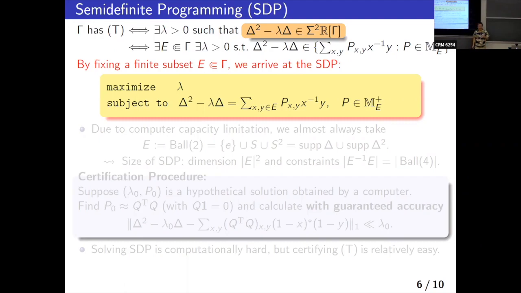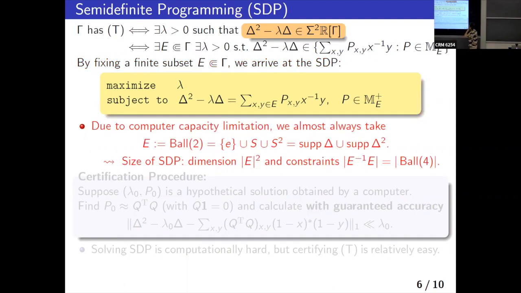Linear programming, you can solve extremely huge problems by computer in a short time, and it's used in our daily life actually. But for semi-definite programming, so far the algorithms are not so good, and you can solve problems up to a size of about a million.